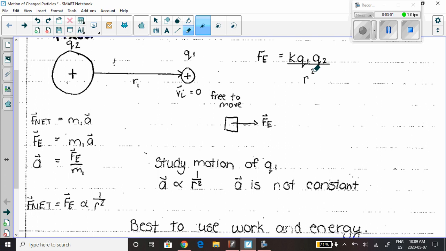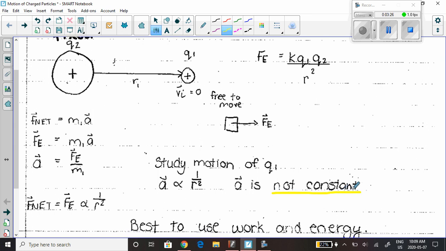It's actually a 1 over r squared relationship. So the acceleration is proportional to 1 over r squared, how far apart the charged particles are. That means the acceleration is not constant.